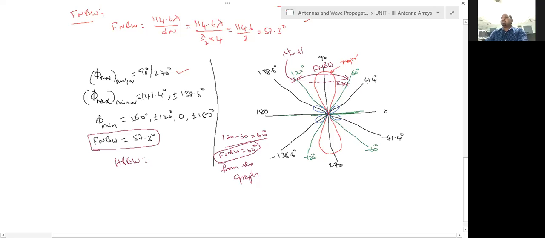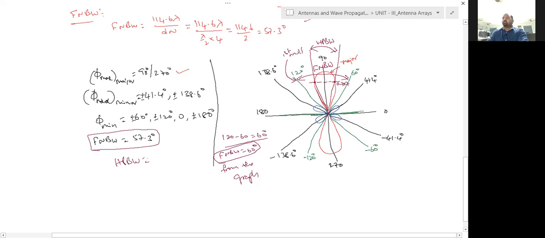So this line intersects at this point and at this point. So if you draw two lines passing through this point, this width is half power beam width.